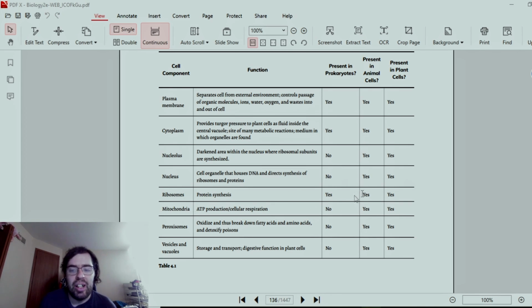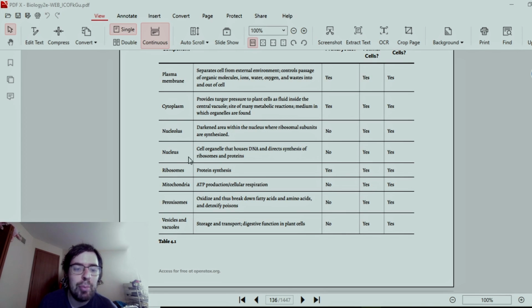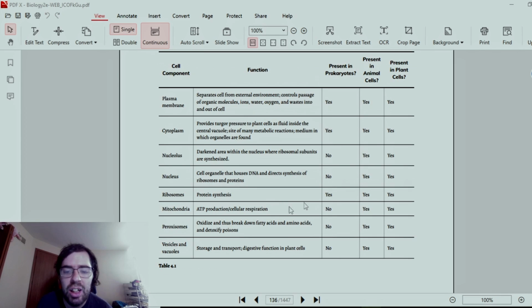Ribosomes, which create protein, are in all three. The ribosomes are not technically organelles, they're something different, that's why they're in prokaryotes. Mitochondria, which basically create the ATP, are in animal and plant cells. They're not in prokaryotes because in prokaryotes everything moves through via osmosis, in a way, and that's why they don't need it because they can just get it from the environment.